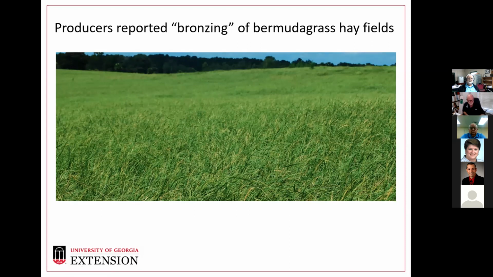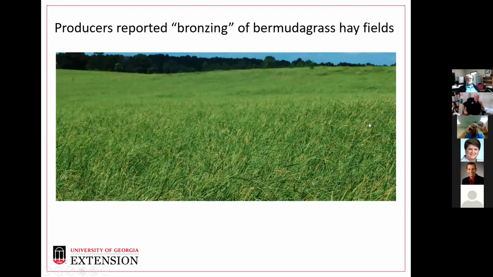And so the emergence of the problem with Bermudagrass stem maggot was because producers reported that there was a strange appearance in their fields.